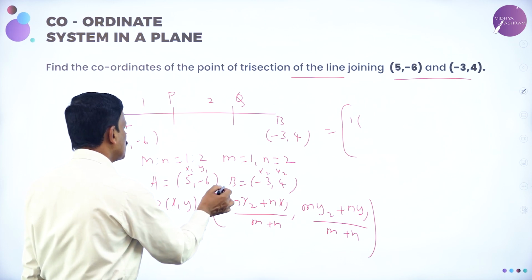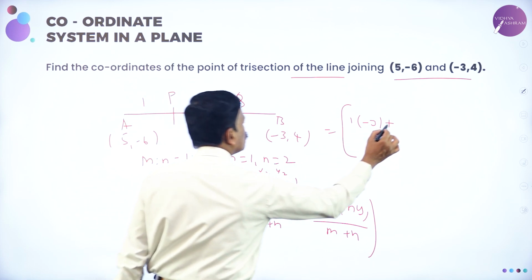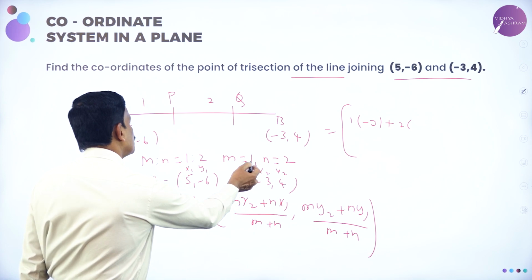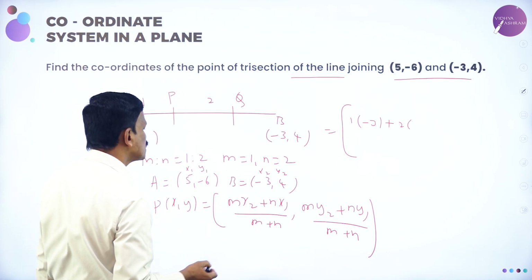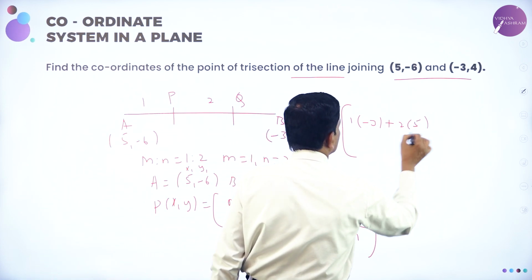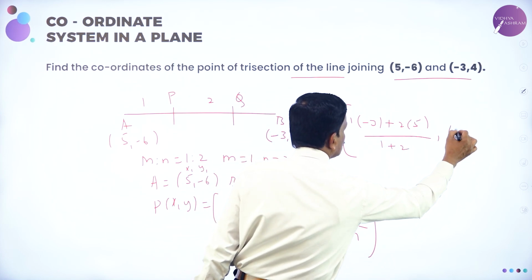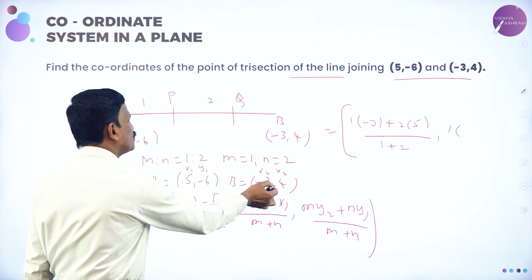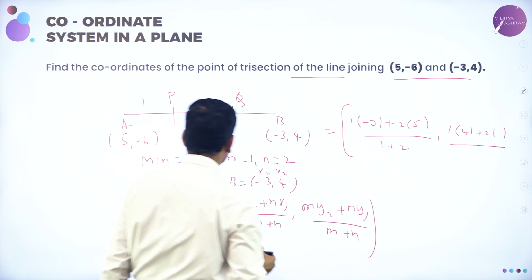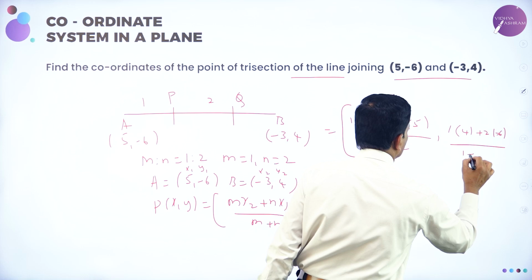So m into x2 is -3 plus n, what is n? n is equal to 2 into x1, x1 is equal to 5, divided by m plus n. m plus n is nothing but 1 plus 2, comma, again m is 1 into y2, y2 is equal to 4 plus n is 2 into y1, y1 is equal to -6, divided by 1 plus 2.